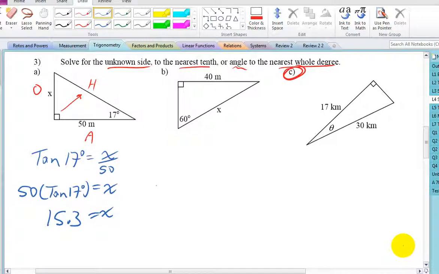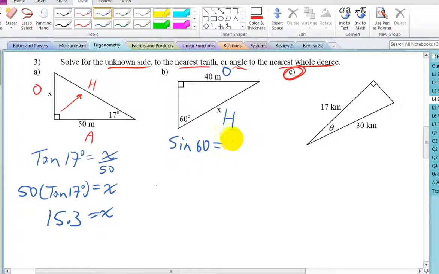Okay, next one. Which ratio are you going to use? Jordan Watkins, would you label your HOA? H and O. Which one is H and O? Okay, it's sine.